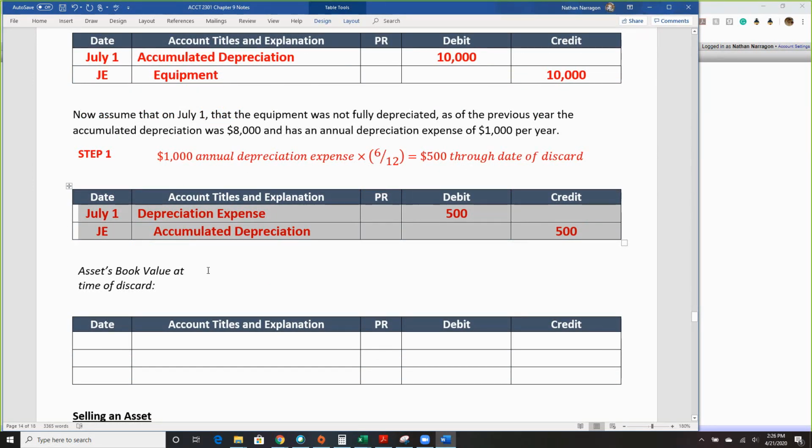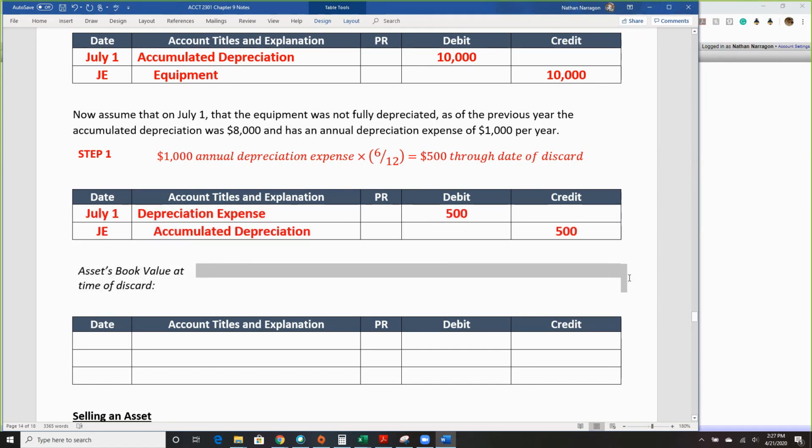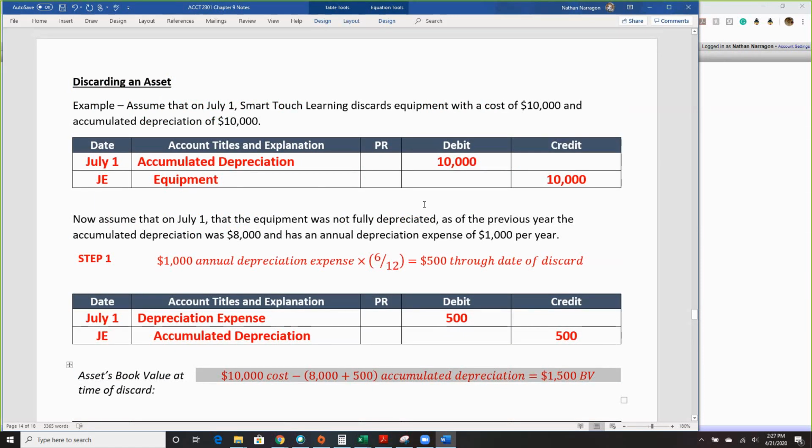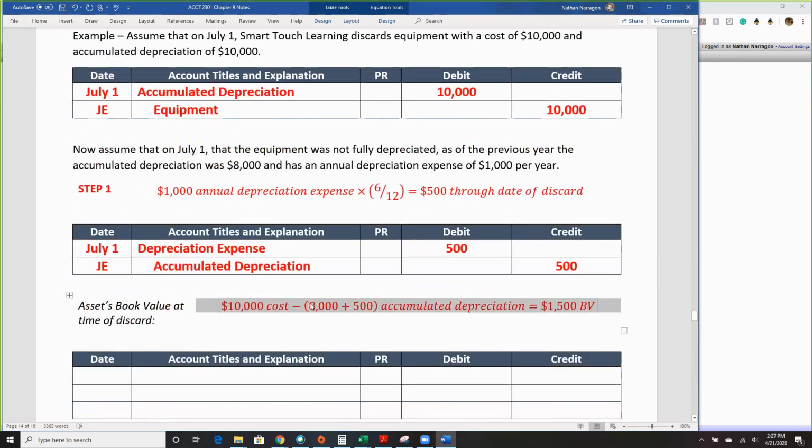And it's always good to figure out book value at these times, especially discarding and selling. So here, it cost us originally $10,000, because we're using the same machine. We're going to subtract out our accumulated depreciation, which is the prior $8,000 plus the new $500, so $8,500.